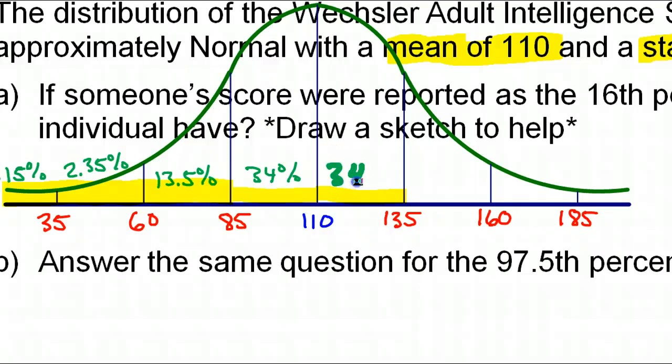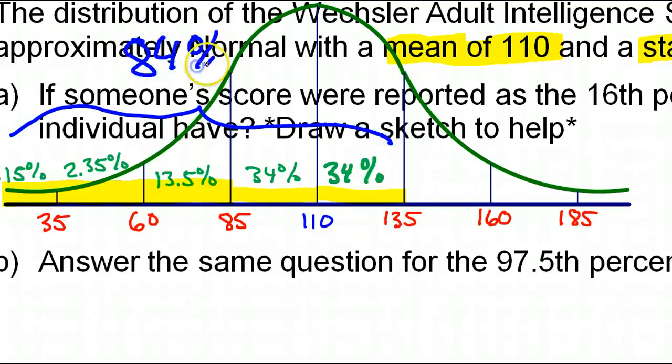Oh, that's big. All right, then that brings me up to 84%. All right, I'm still shy of my 97.5. So let's take it up another notch. All right, if I add my next zone is a, hold on, is a 13.5%.